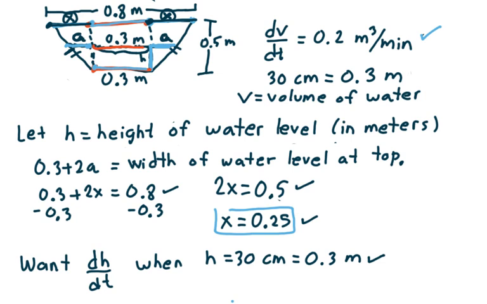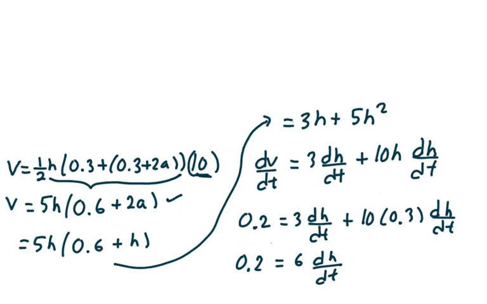So I claim a is to h, so basically width is to height, as 0.25 is to 0.5. So a is to h as 0.25 is to 0.5. But that says a is to h as 1 is to 2.